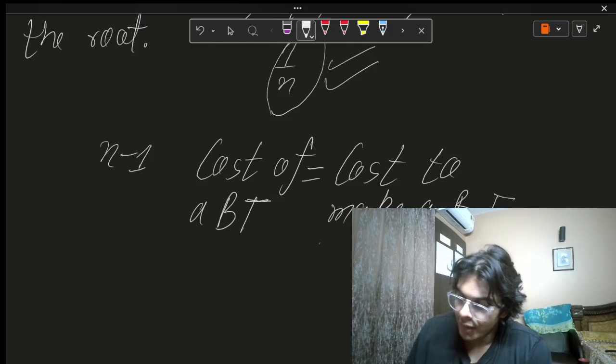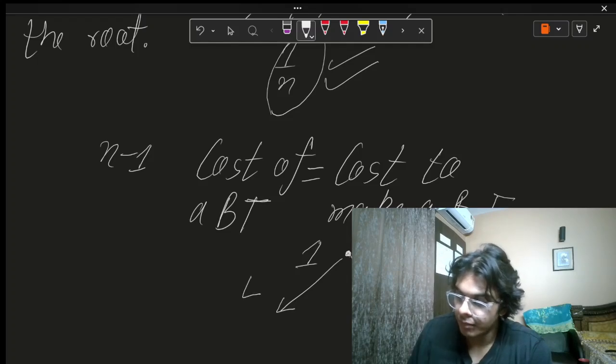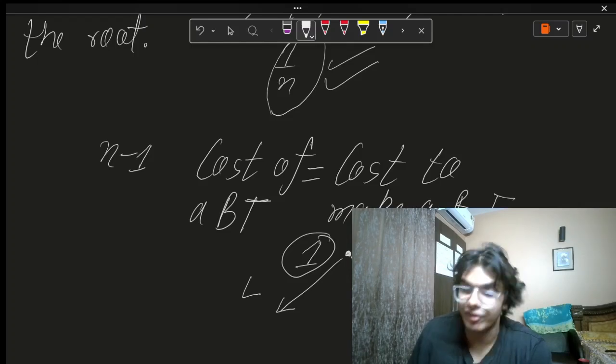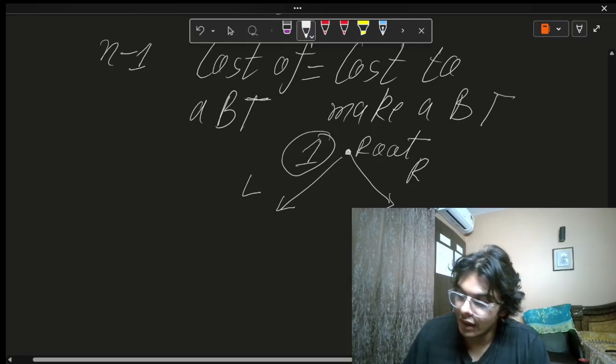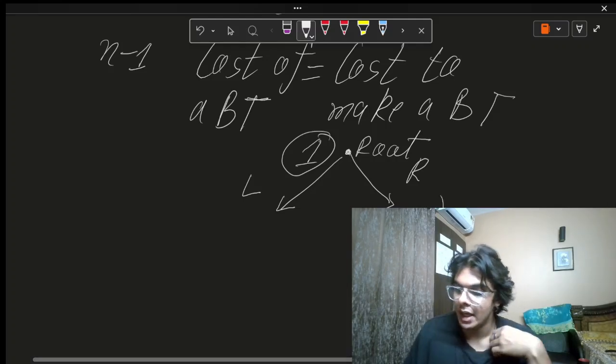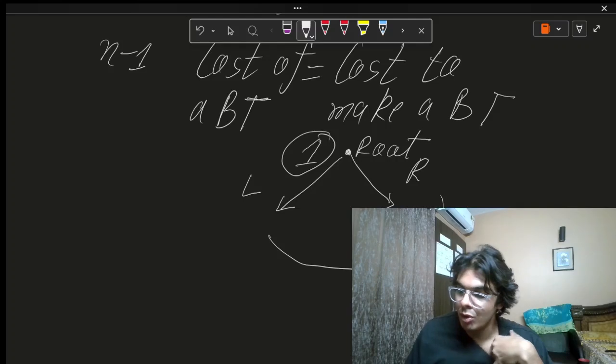So, if I have made the root node right here, after that, the root is responsible for making the left subtree and the right subtree. Since I've taken one node out of n as the root, how many nodes are left? N minus 1 nodes are left, and those n minus 1 have to be distributed on the right and on the left.